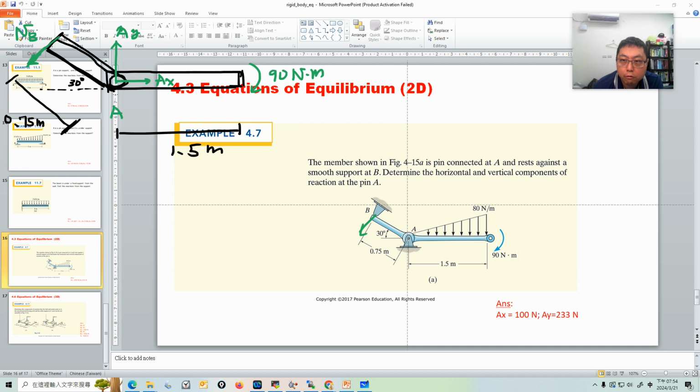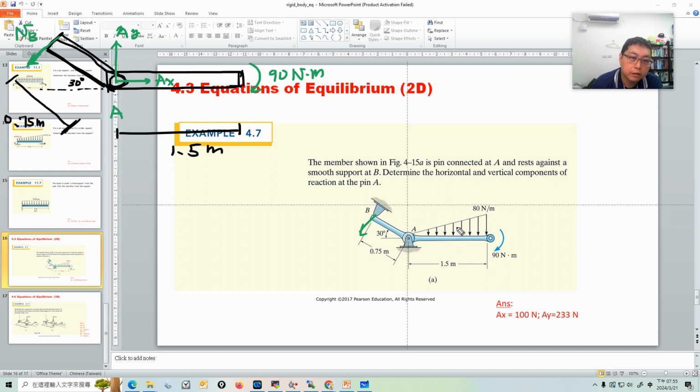Finally, we are missing the last one, the distributed load. For a distributed load we have to do a simplification, using the skill we have learned. If you don't simplify it, this problem is very hard to solve.